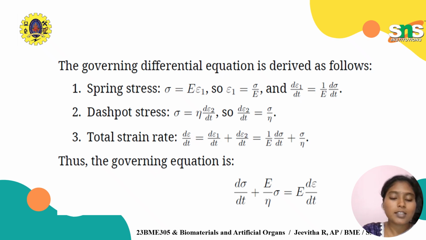And the dashpot stress is stress equal to the viscosity coefficient times strain rate. We need only the strain rate, so we can rearrange the equation. To add the strain rates, we add the two strain rates. This is the final and fundamental constitutive formula for the Maxwell model.